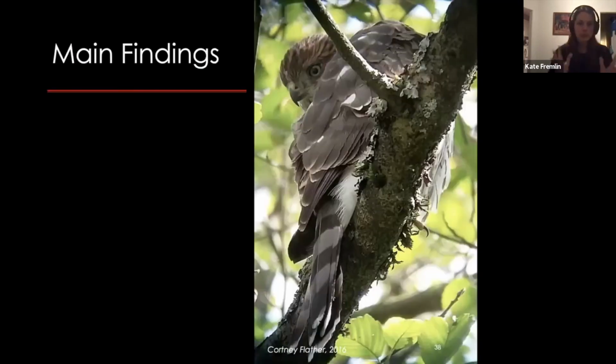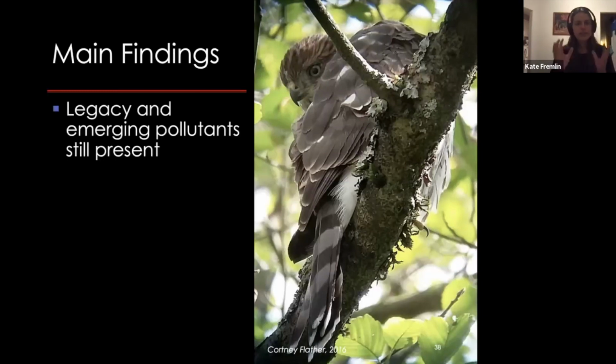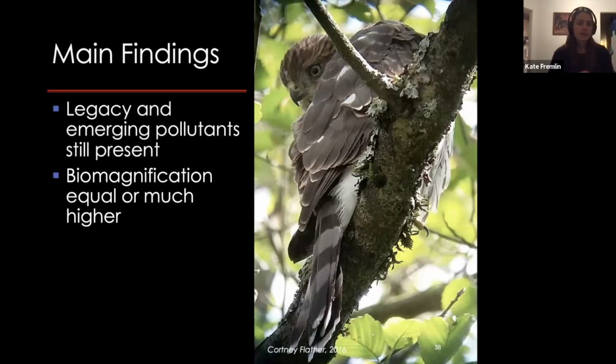So to reiterate the main findings of our research, we saw that these legacy and emerging persistent organic pollutants are still very much present in the environment down here in Metro Vancouver. And we actually saw that biomagnification in our terrestrial avian food web was either very similar or actually higher compared to some of these aquatic food webs or in that Arctic terrestrial system.